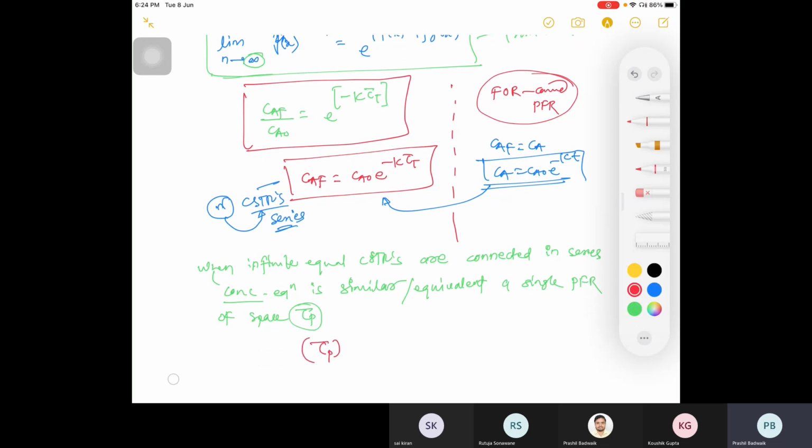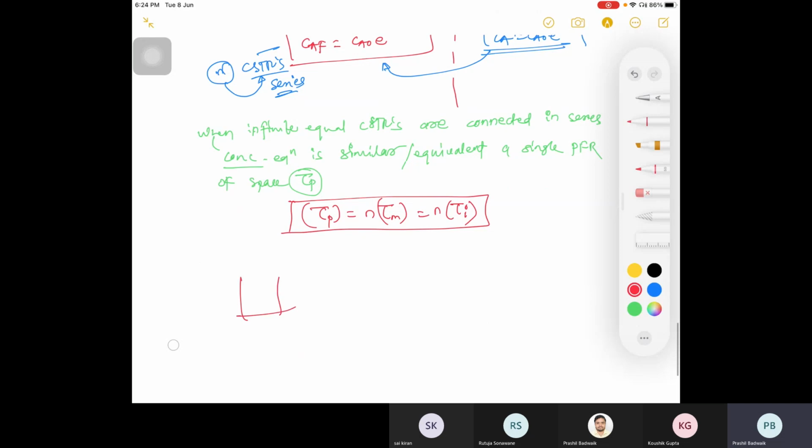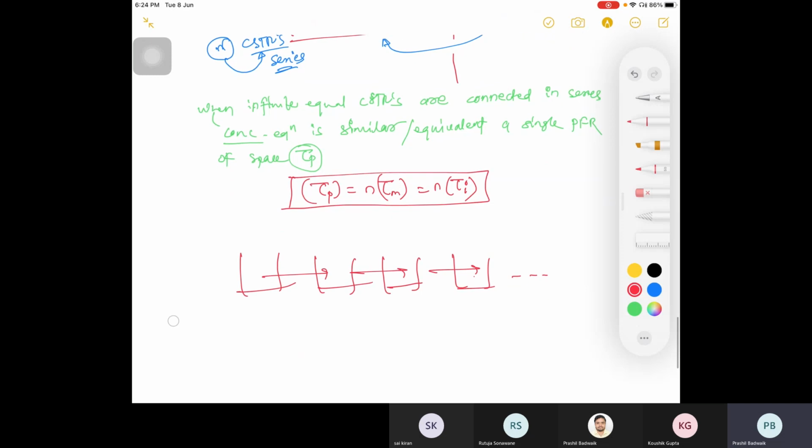Tau p is equal to n times tau MFR, or I'll say n times tau individual MFR, right? So what is happening? You are having n number of CSTRs connected in series. This arrangement is there, so it is equivalent to your single PFR, right?